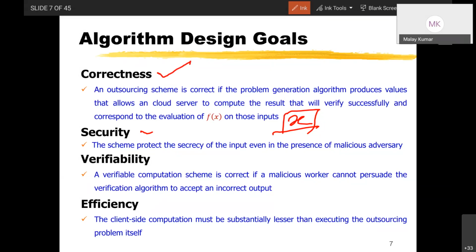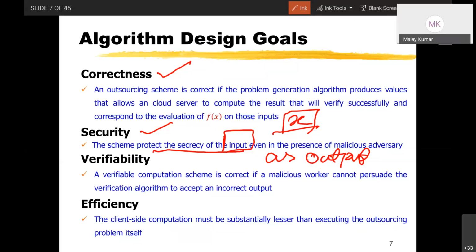Next, the transformation algorithm should provide robust security arrangement to the input as well as the output result from the malicious adversary.